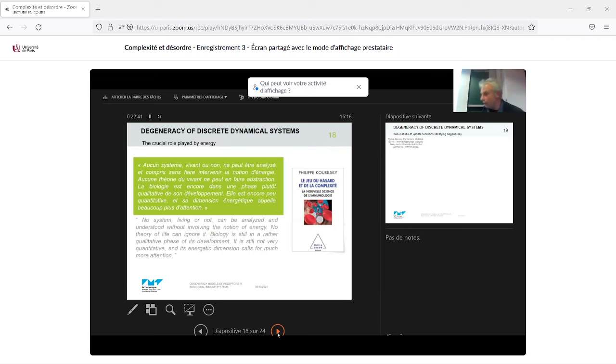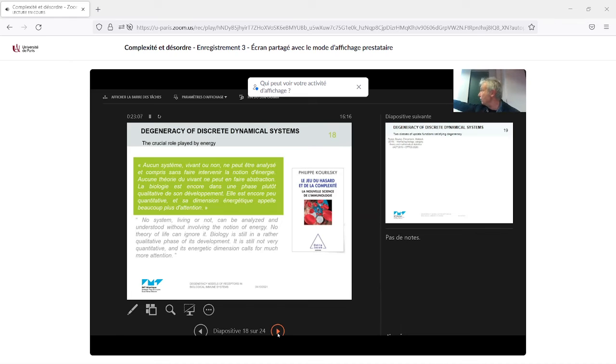So that's the degeneracy principle. And there is now another key point, quite surprising, in fact, for a mathematician or a physicist. And that point was underlined by Philip Kurisky again in his book. He wrote that, in fact, biology is still in a rather qualitative phase of its development and not a very quantitative phase.